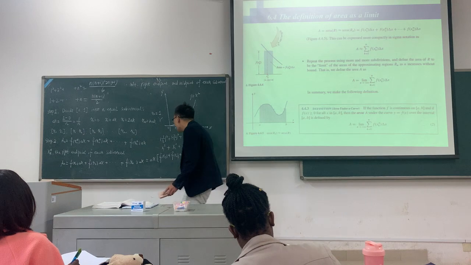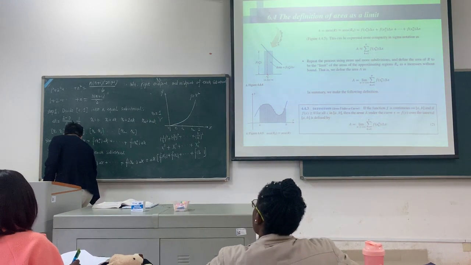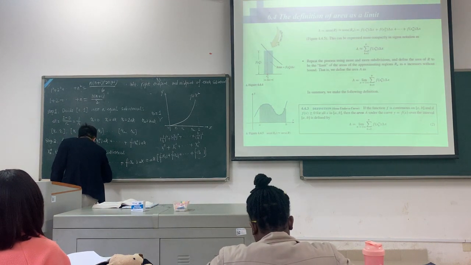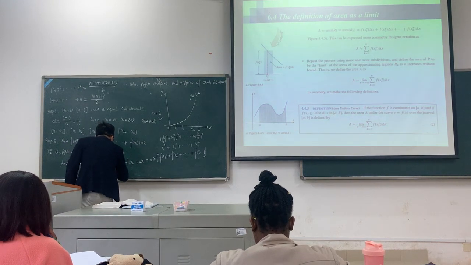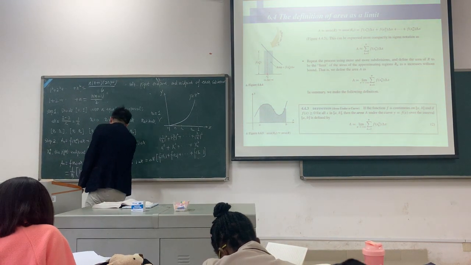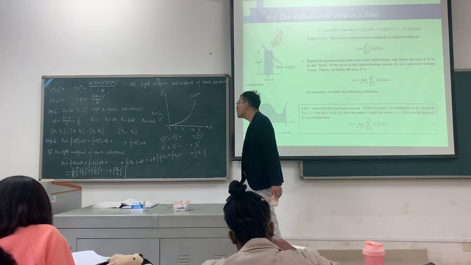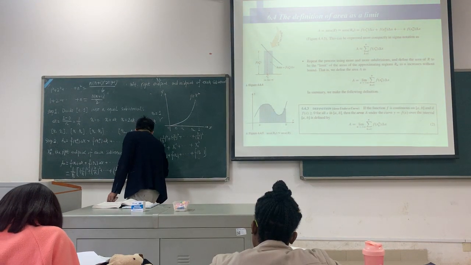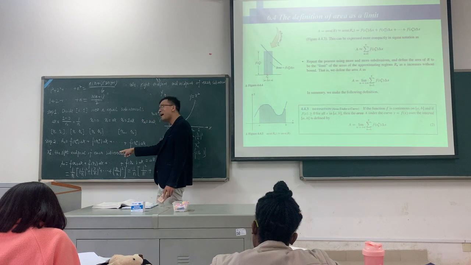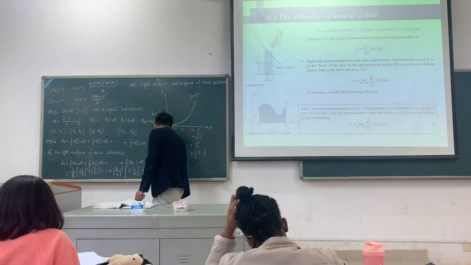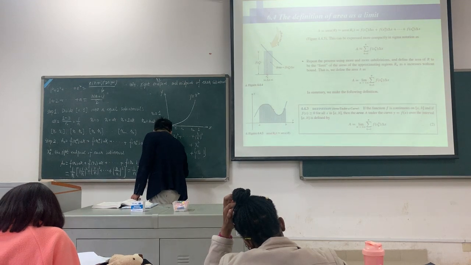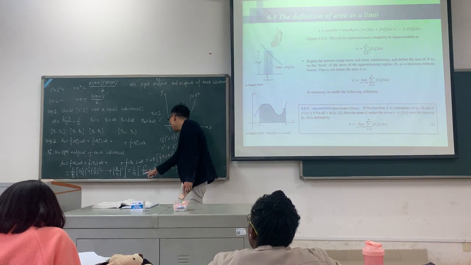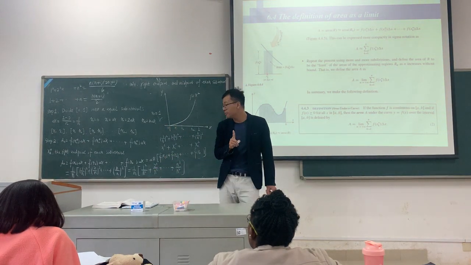So this is equal to 1/n times (1/n squared plus 2 squared/n squared plus up to n squared/n squared). So 1 squared over n squared, plus 2 squared over n squared, plus the last one, n squared over n squared. These n parts have the same denominator, yeah?